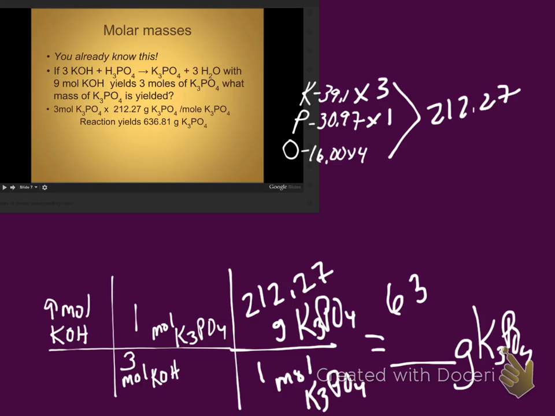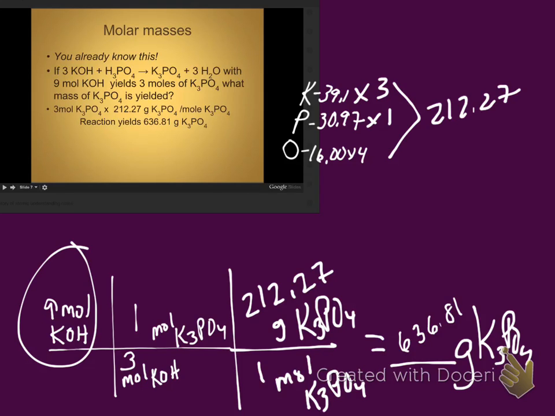636.81 grams of potassium phosphate. Oops, I already had grams there. Now, how many, ooh, this one's a tough one. How many sig figs do we have? Yeah, because we have to go back to our original given for sig figs.